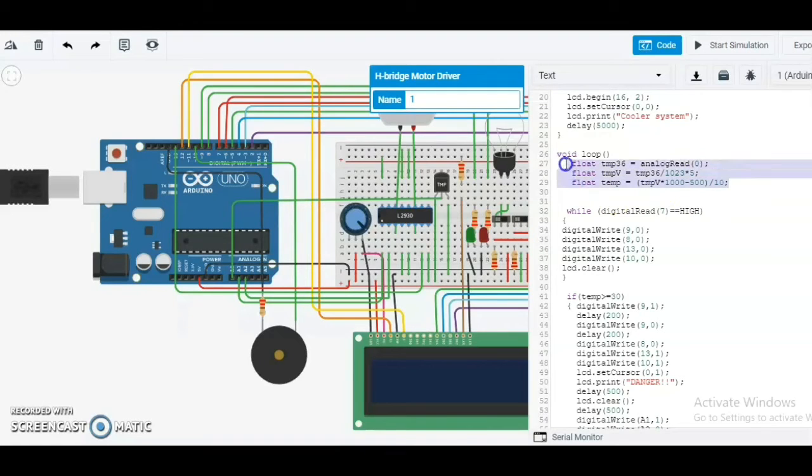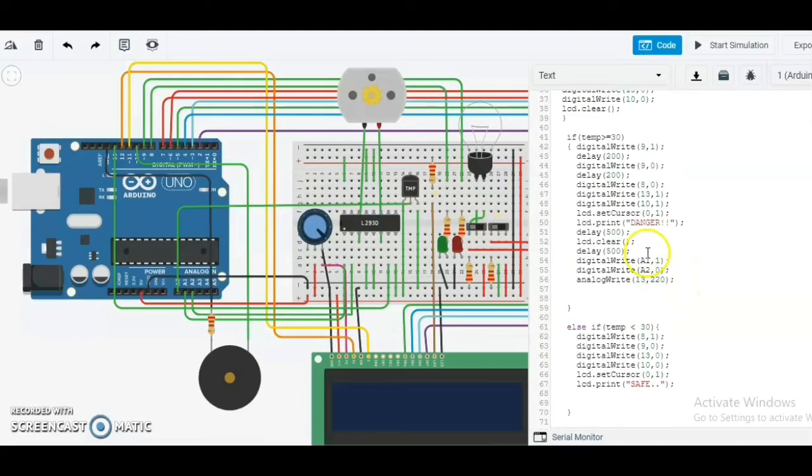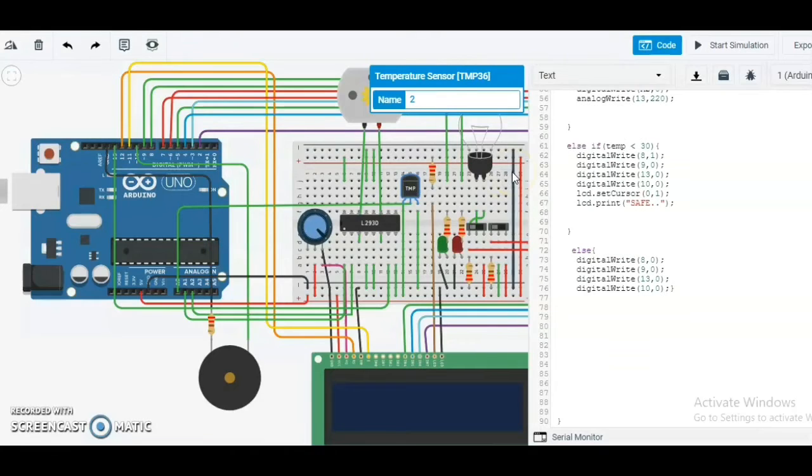I want to highlight here, this converts the voltage to temperature in degrees Celsius. When the system is on, the cooling system will detect the temperature from the device or the machine. When the temperature is less than 30, the green LED will be on and the LCD will show safe.